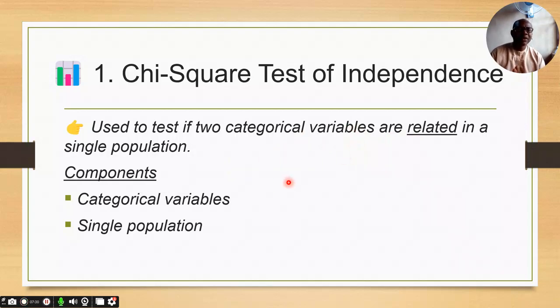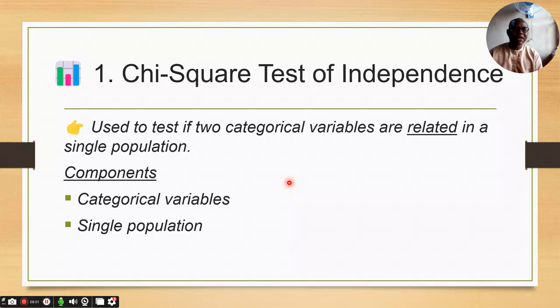We are dealing with a population and we took a sample from that population. We are looking at the variables in that population. These variables put members of that population in different categories, say the male category, the female category, the yes category, the no category, the true category, or the false category. So we want to know if two categorical variables relate with one another.